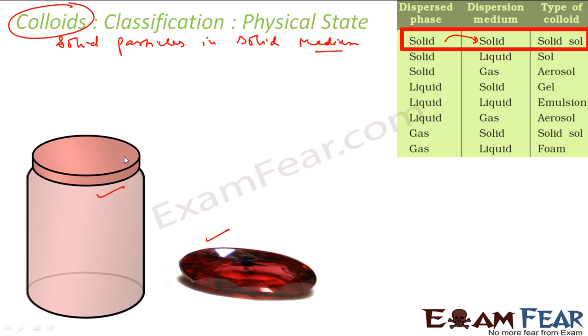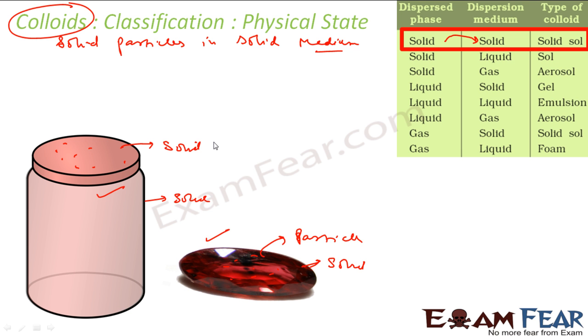I have some gold particles that are dispersed, and these gold particles give it a red shade. It's a very costly glass. So gold particles are dispersed in the glass. Glass is what? Solid. And these small particles here are generally gold particles. That is also solid. Here also the gemstone, if you see, they have different colors. The gemstone, stone, is again a solid, and the colors you get here are because of some particles.